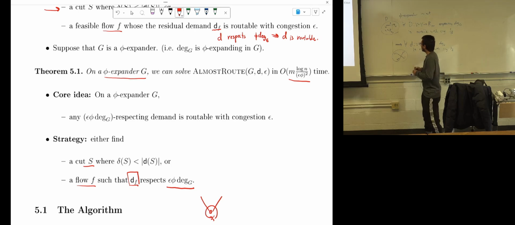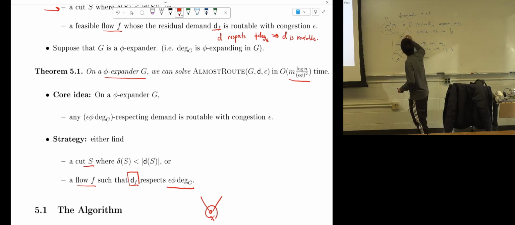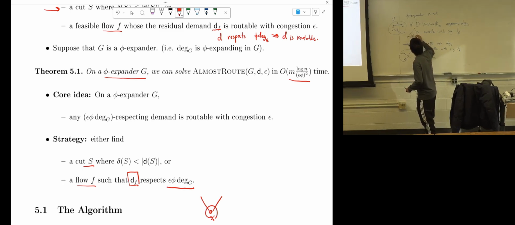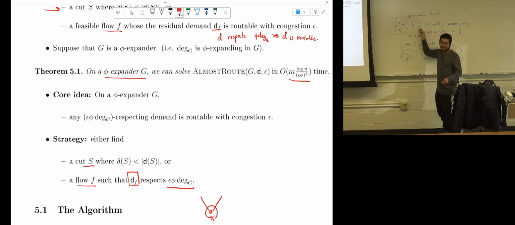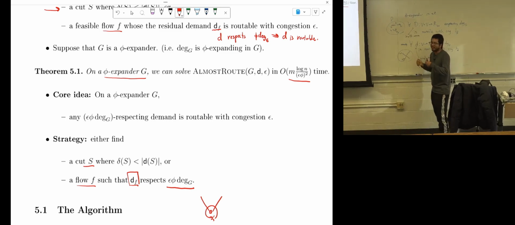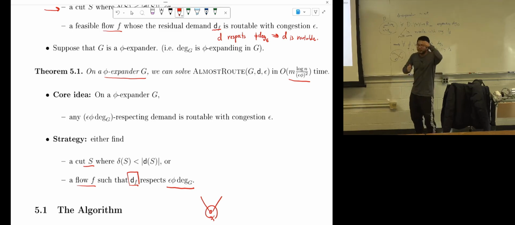So this sometimes is called single commodity demand. And this thing is called multi commodity demand. So this thing is basically stronger, right? You can control how you want to pair up, how you want to route from source to sink.